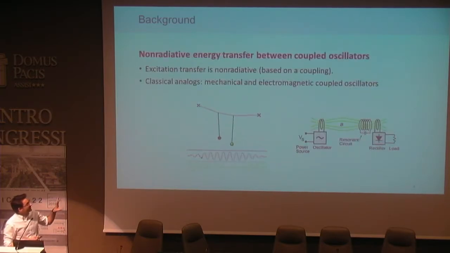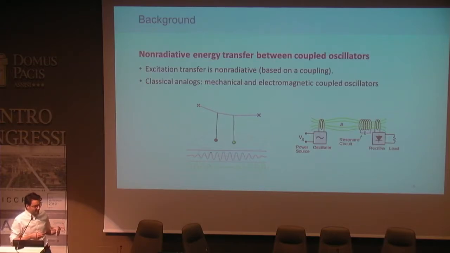Here's just a slide to provide more background on this concept of a non-radiative transfer, which is based on a coupling and not based on energy being carried over to an energy carrier, which then has to absorb the entire quantum of energy and then emit it at the acceptor. Instead, you can have a coupling that can be weak compared to the excitation.